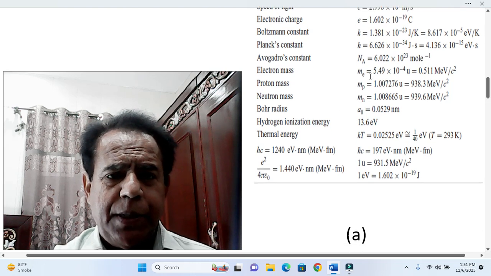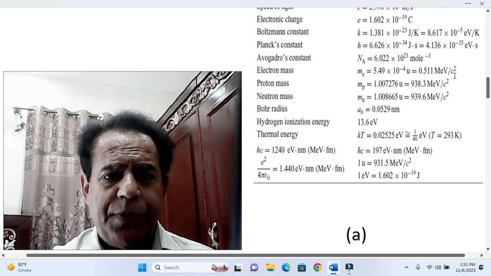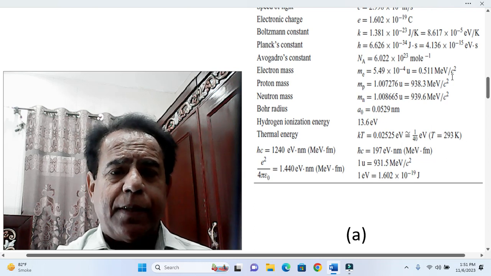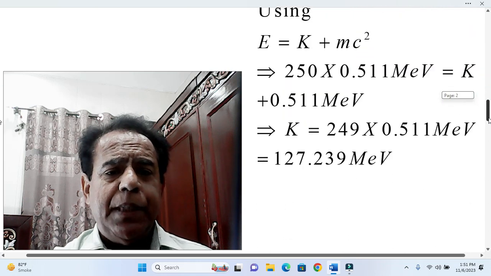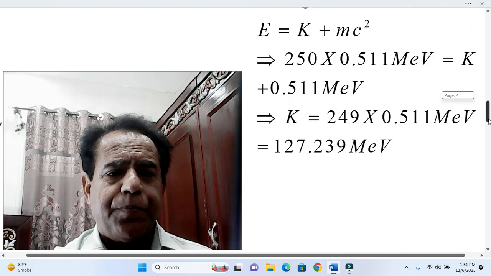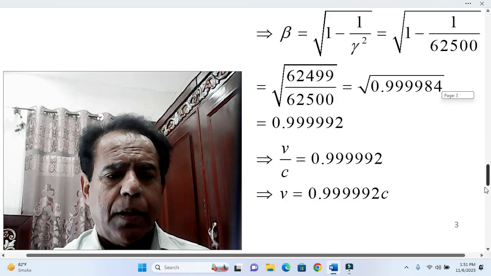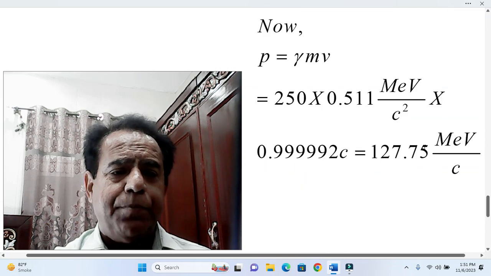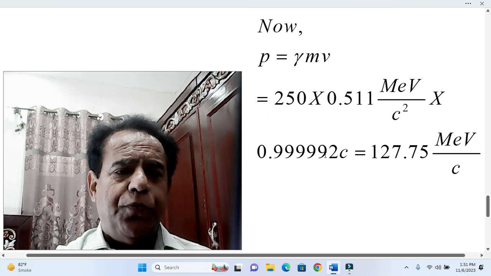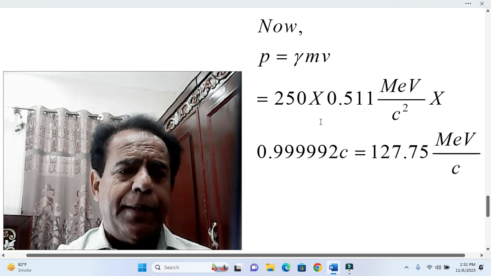Electron mass m_e is equal to 0.5 MeV over c square, multiplied by this value of v which we calculated in the previous step.